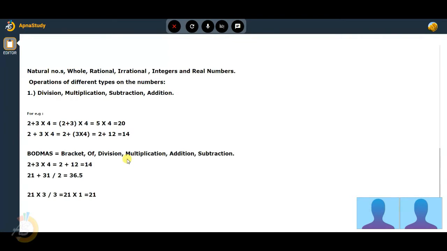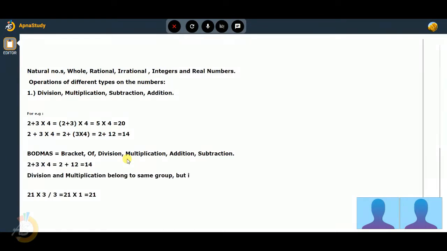But there is some catch in the above rule I have told you. So let's see what the exception is. You have seen the bracket, division, multiplication, addition and subtraction. The division and multiplication belong to the same group.